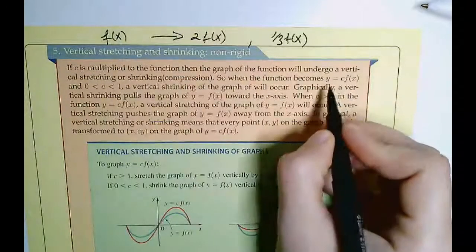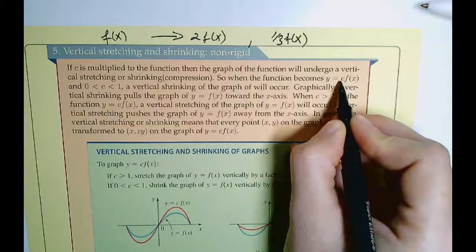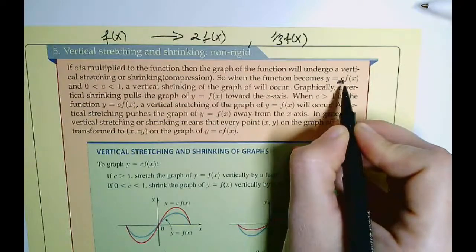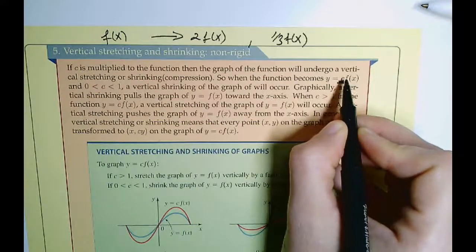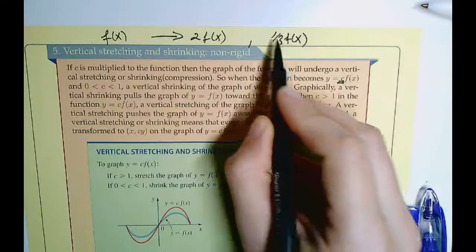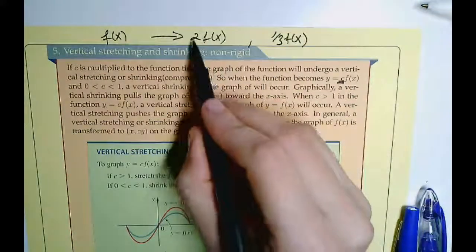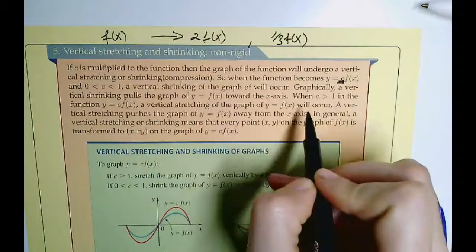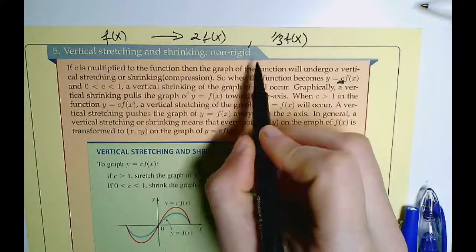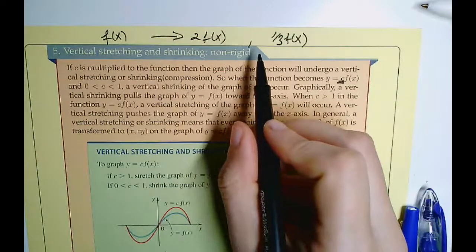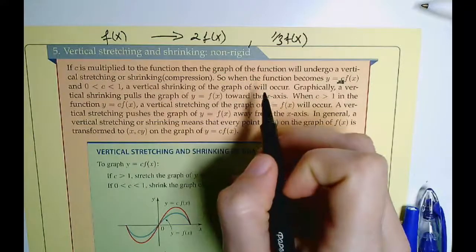So basically, if you're multiplying the whole function by a constant, and that constant can either be a number between 0 and 1, like a third, or a number greater than 1, we're going to have either a vertical shrink or a vertical stretch. So let's see.